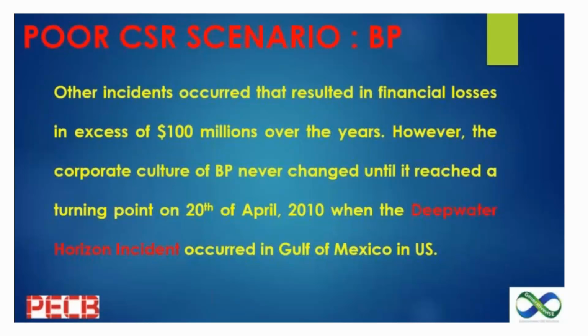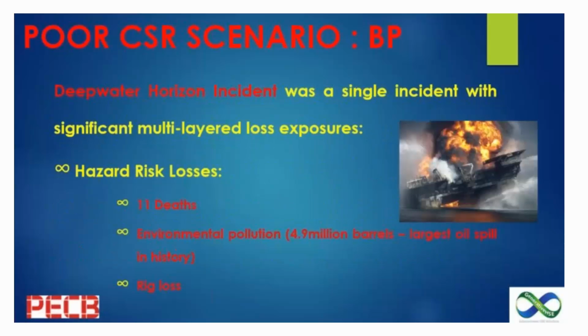The question I kept asking myself at the time was, does BP have to wait for this to happen before they could see the potential of losses that might be involved in their business activities? But no, they never saw that, or maybe they saw it, they thought it's one of those losses that we can always afford.